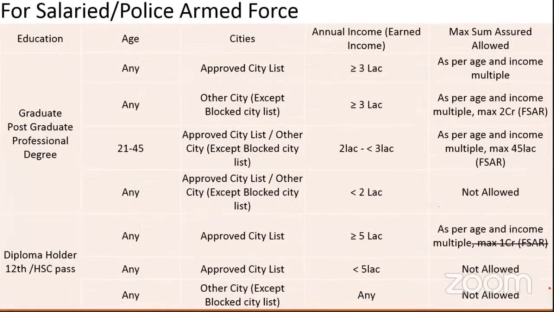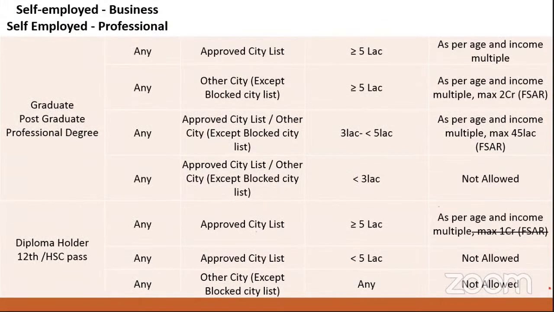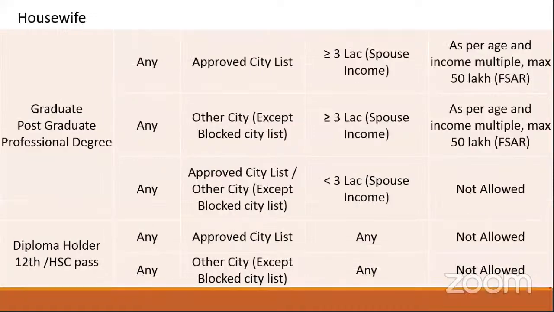So again, that was for salaried and police armed forces. This is for general, other than police, etc. So minimum income criteria is 3 lakhs only, based on situation to situation, education and age wise. Again, they offer to housewives also, with maximum sum assured of 50 lakhs.